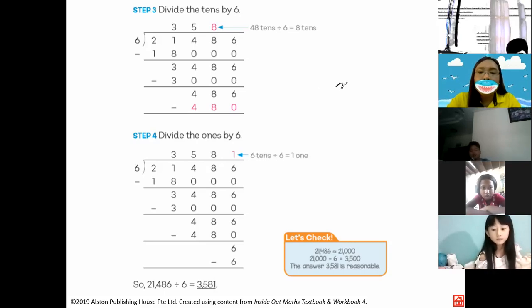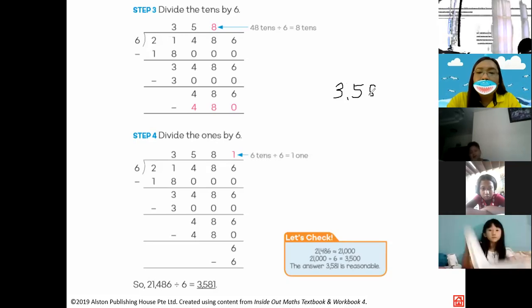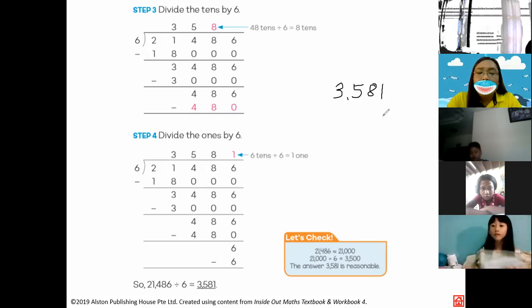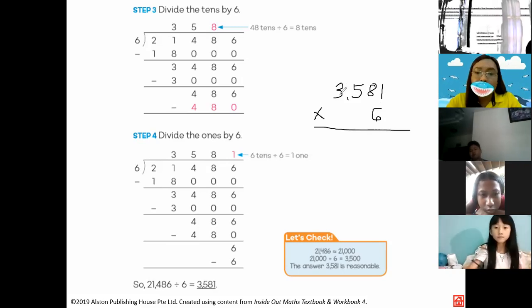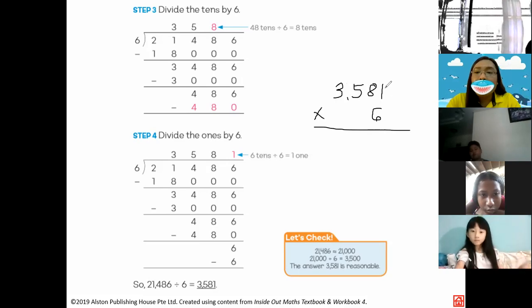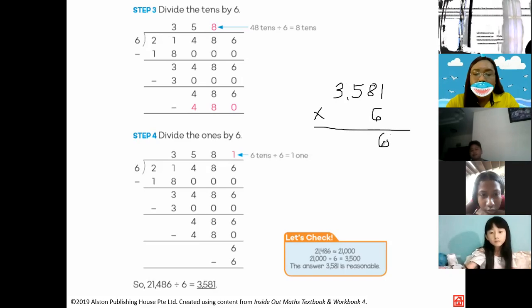For us to check if our answer is correct, we multiply 3,581 by 6. 6 multiplied by 1 is 6.